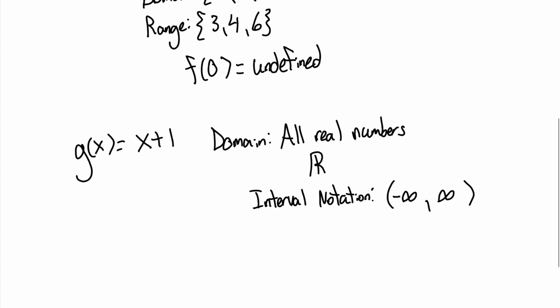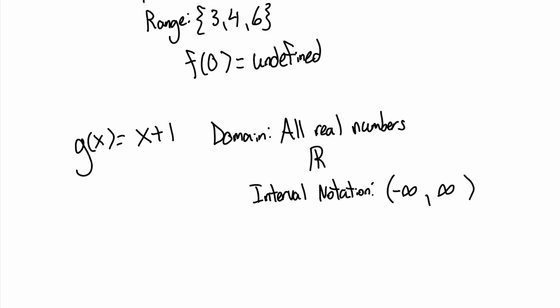Let's go ahead and look at one where there actually would be a restriction. The simplest example here would be if we have the function h of x equals 1 over x, 1 divided by x. The restriction here is that in general, we can't divide by 0, right? Division by 0 is undefined.